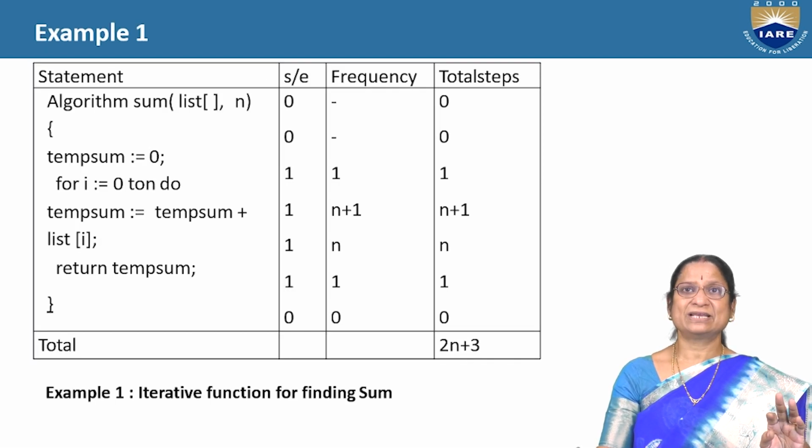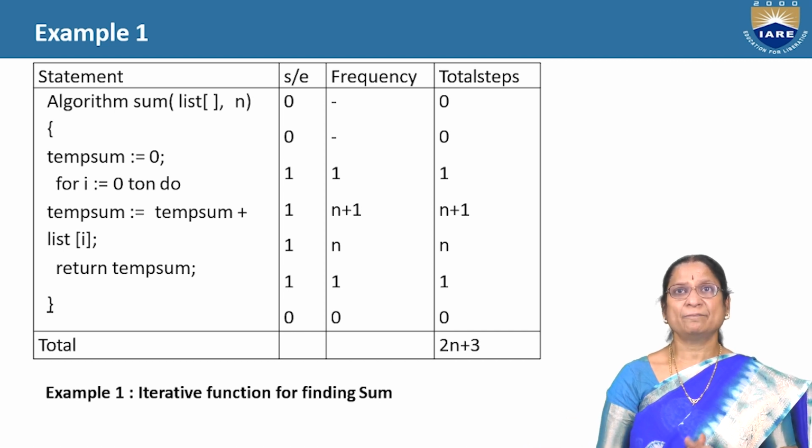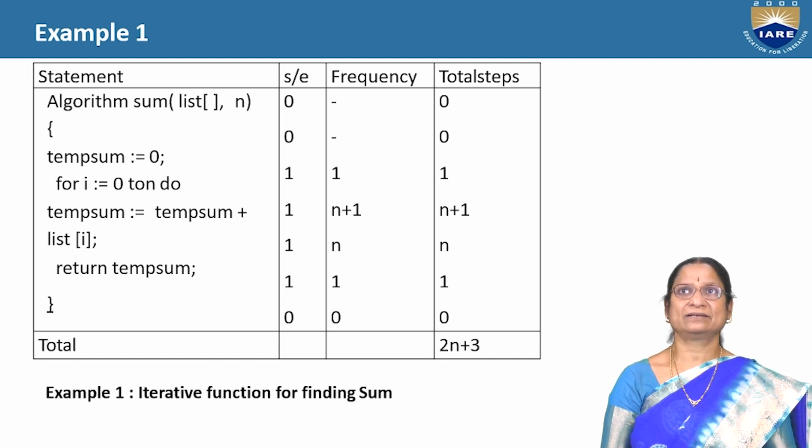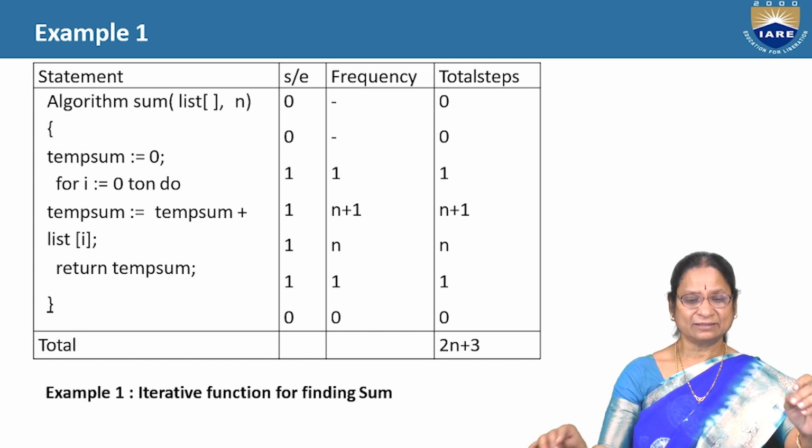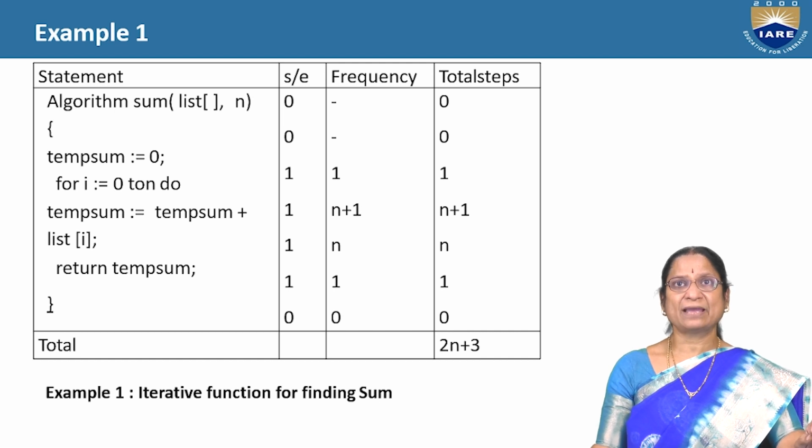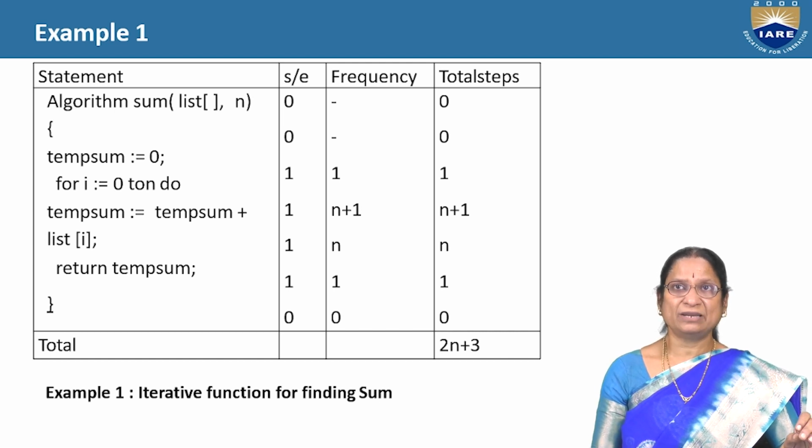Now we will see 1 or 2 examples of how to calculate the time complexity by using a simple notation known as the tabular column method. For example, this is the algorithm we have considered, the previous example: sum of a list of elements.